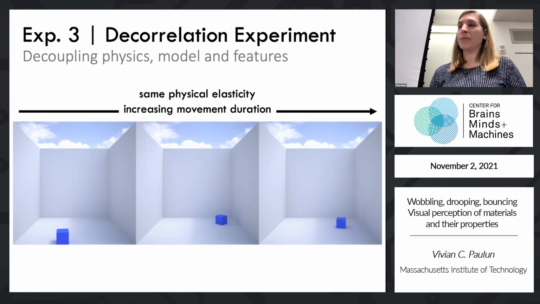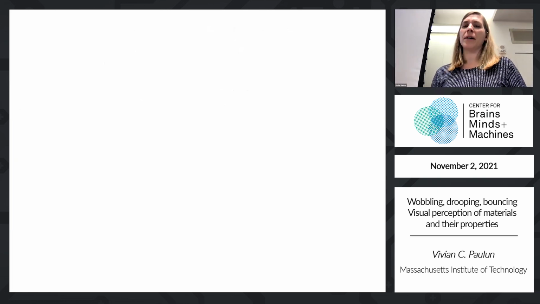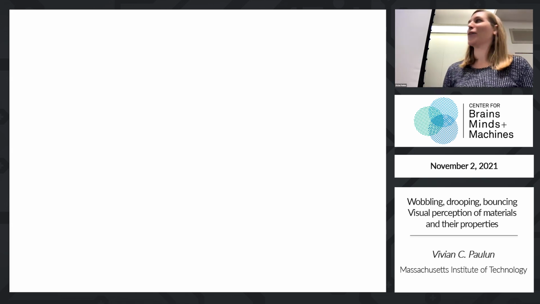Now that works pretty well, but we were still puzzled and surprised by this finding that humans should just rely on this one very stupid cue, if I may say so, when a combination seems much more robust. So we were wondering, what if we removed movement duration? Are people unable to judge elasticity, or are they switching their strategy?